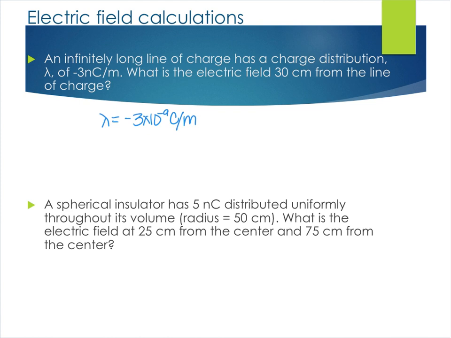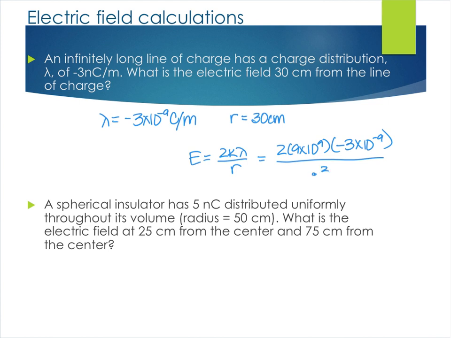The electric field 30 centimeters away: E is equal to 2k lambda over r, so 2 times 9 times 10 to the 9th times lambda, which is -3 times 10 to the -9, and then over 0.3.